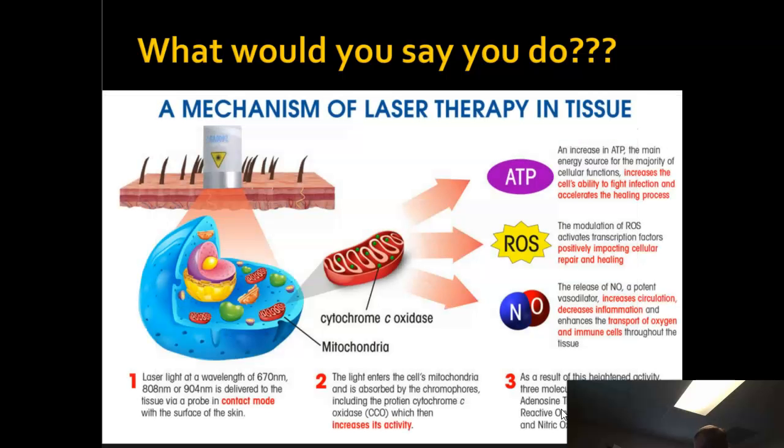All right, I'm not going to play that video. Maybe I'll play it in class. This is the picture that I have on the portal site. I want you to look at this because this encapsulates everything I want you to know about here. The chromophore here, we're talking cytochrome C oxidase in the mitochondria. Here's what it does. It goes boom ATP, boom reactive oxygen species, boom nitric oxide.